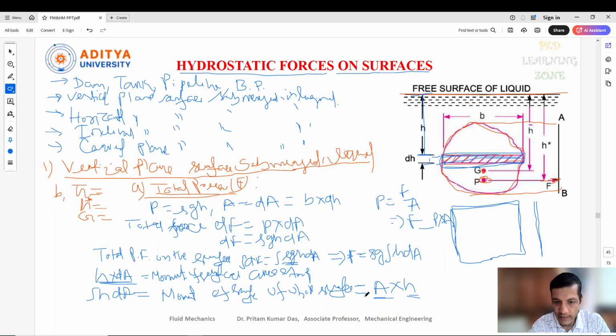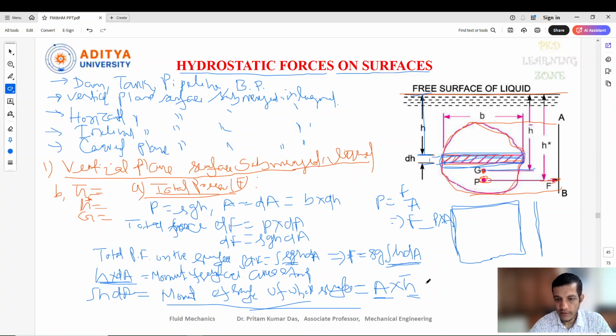Now we need to consider this on behalf of this whole surface. We can consider this A into H bar. Okay, so A into H bar, that is the distance from the center of gravity, because we are considering that whole surface, so that one we can write in this. So now in this place, in the integration H dA place, we can put this value.